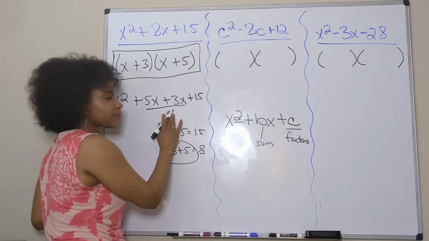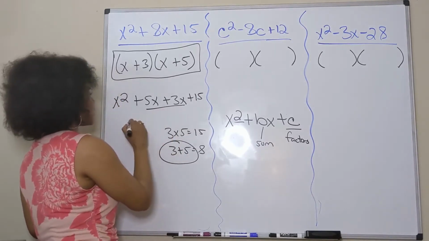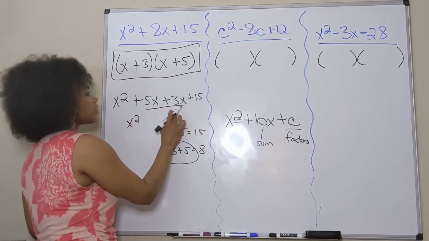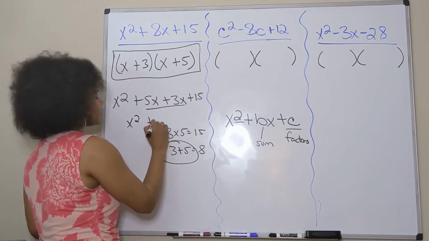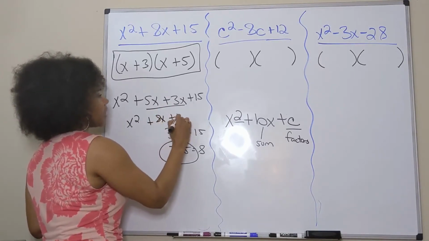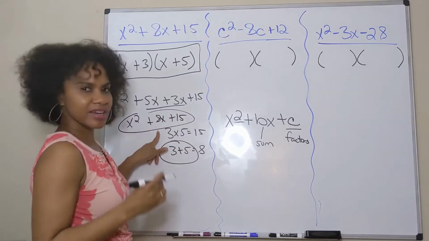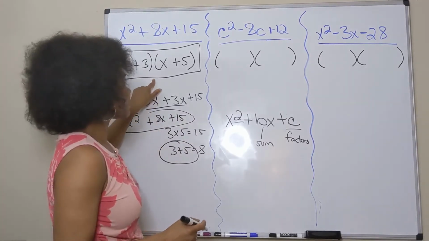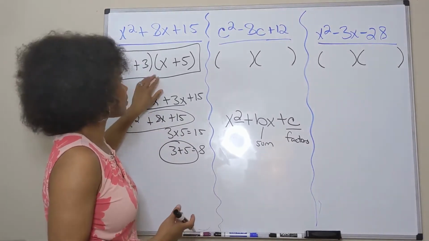Combining my like terms in the middle, because I can add them because they're like terms, 5x plus 3x gives me 8x. And I bring down my 15. So that does check out. And so I have factored this trinomial, or this expression, correctly here.